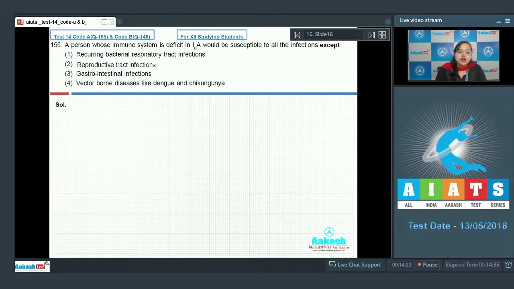Question 155. A person whose immune system is deficient in IgA would be susceptible to all the infections except.